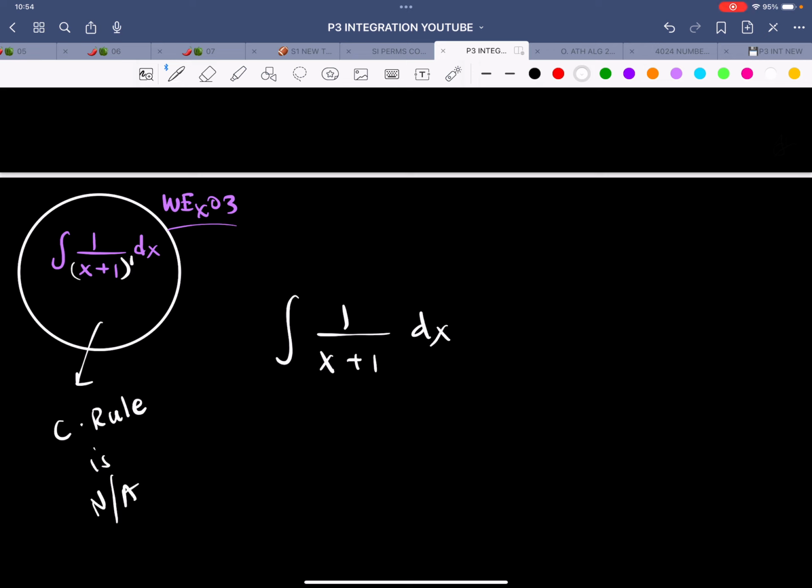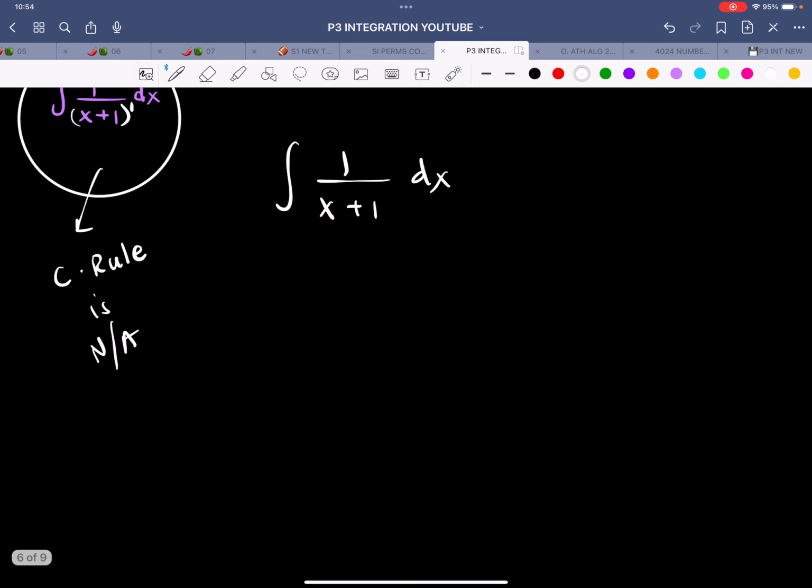Because the power is 1 in the denominator, which means it's actually -1. So now the coefficient of x over here is 1. So I'll write 1 over 1 ln of the denominator, which is x plus 1 plus a constant of integration c. Advisable, to write the proper mathematical etiquette is that you should write a modulus sign whenever ln appears. So now that integration is done.